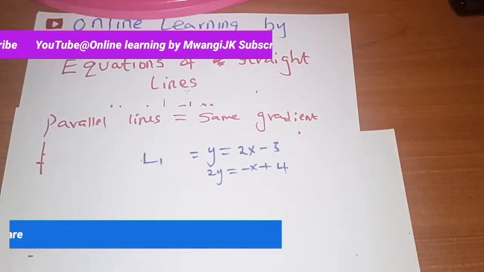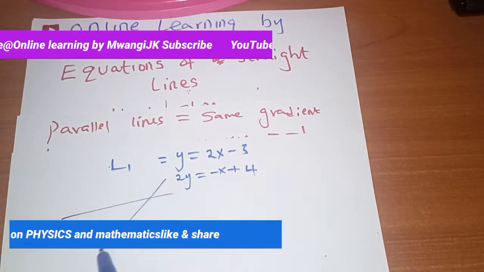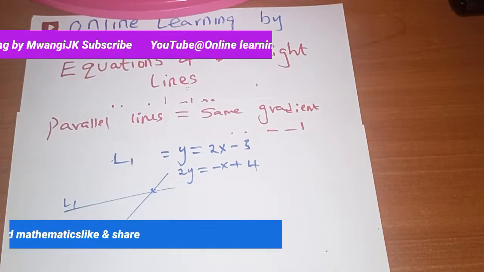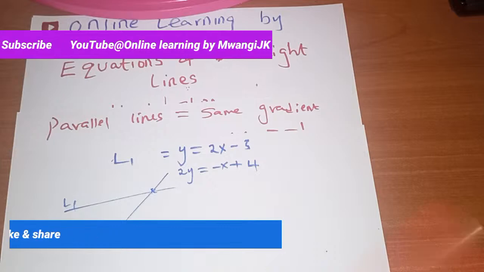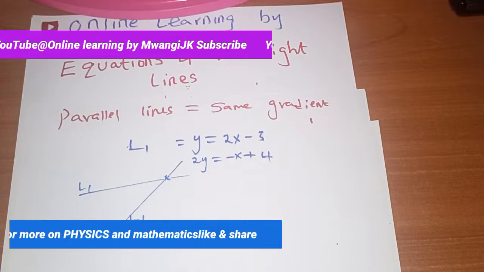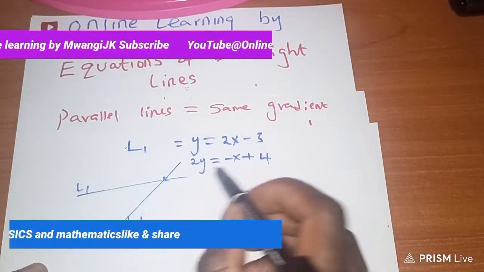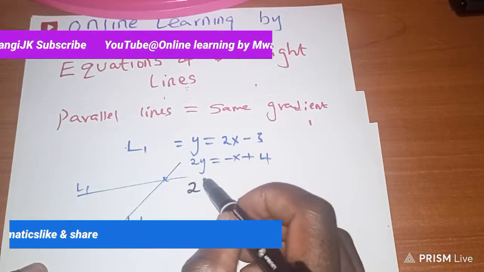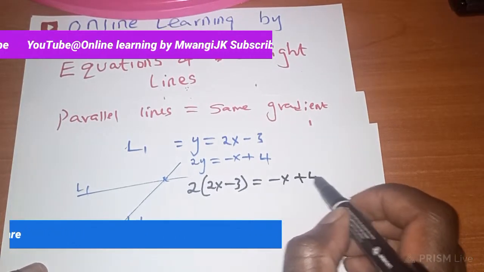So we are being asked about the point of intersection. In short, the point of intersection is where the two lines meet, and we are supposed to solve that simultaneously. So solving this simultaneously gives us the point of intersection. And how do we do that? We can use the substitution method, whereby I'll take 2y, and insert this value: 2(2x - 3) is equal to -x + 4.